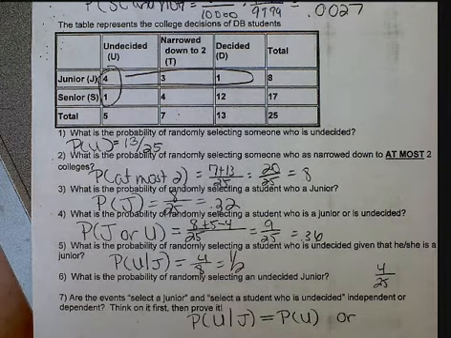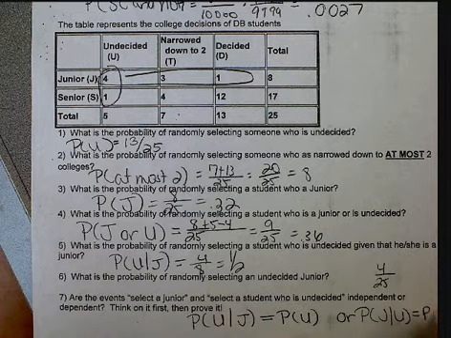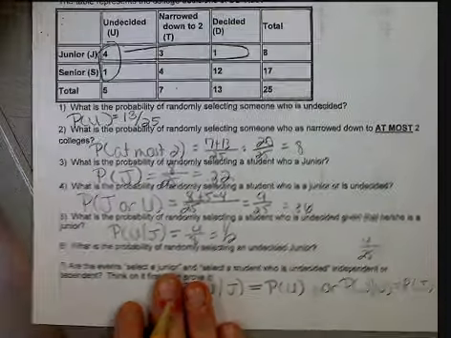You could actually prove this another way. You could find the probability of a junior given they're undecided and see if that's the same as the probability of a junior. It really makes no difference.